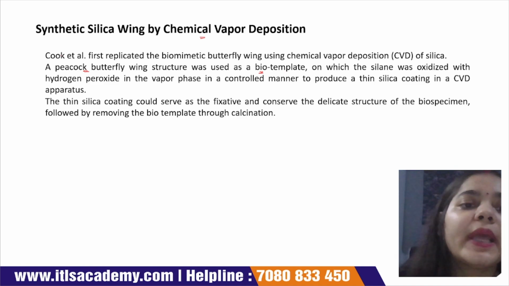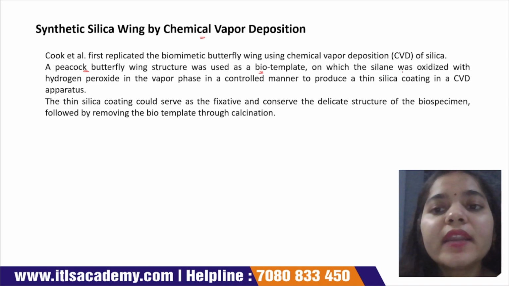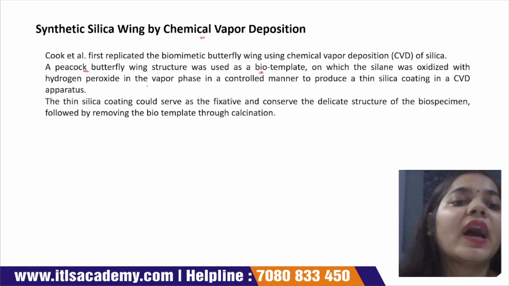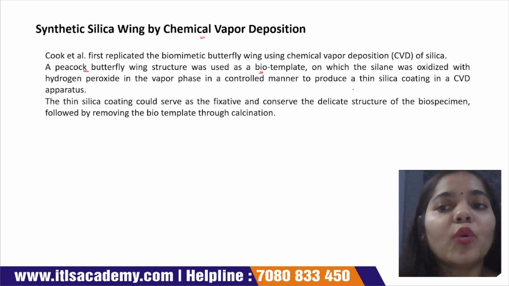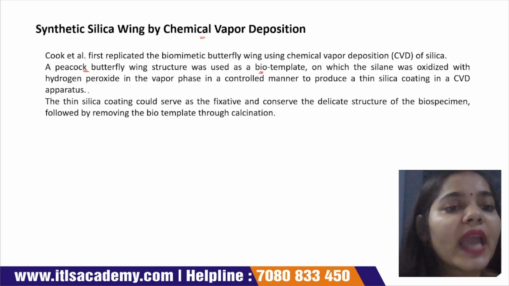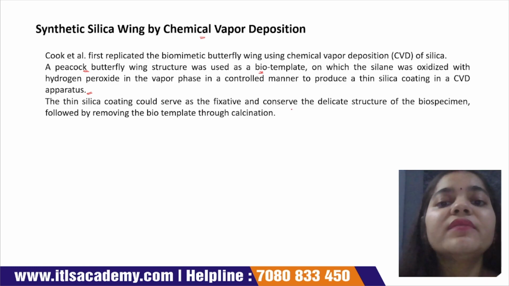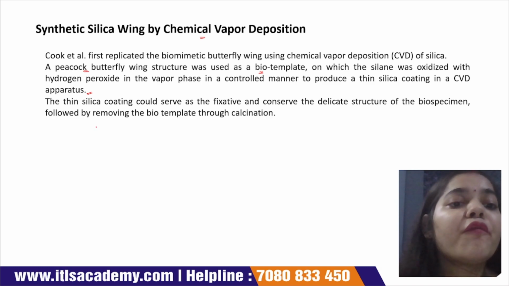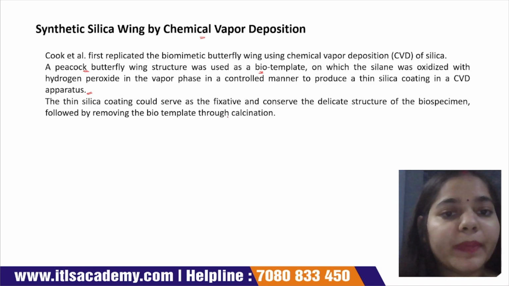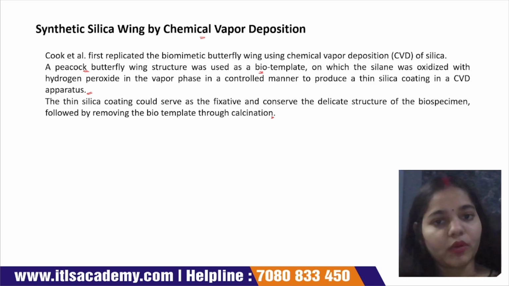On the biotemplate, silane was oxidized with hydrogen peroxide in a vapor phase in a controlled manner to produce a thin silica coating in a CVD apparatus. The thin silica coating could serve as a fixation and conserve the delicate structure of the biospecimen, followed by removing the biotemplate through the calcination process.